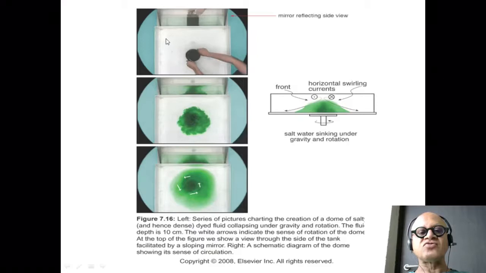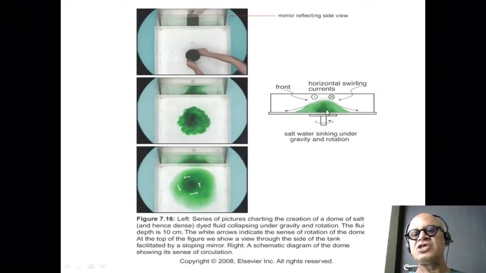The tank is rotating, it's equilibrated, and then you boom, pull it out, and you can see that the tendency for the heavier air to collapse and blow out starts, but the rotational effects constrain it.